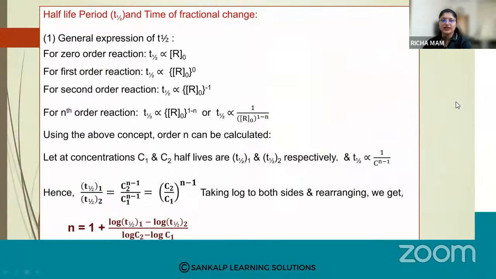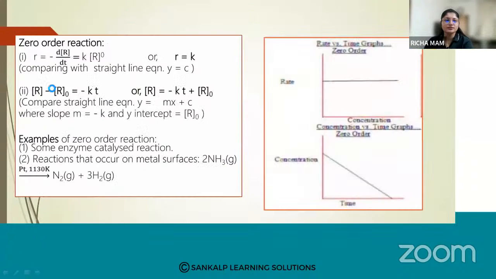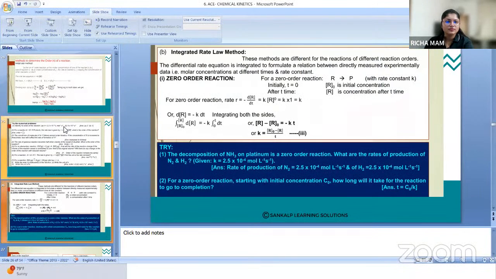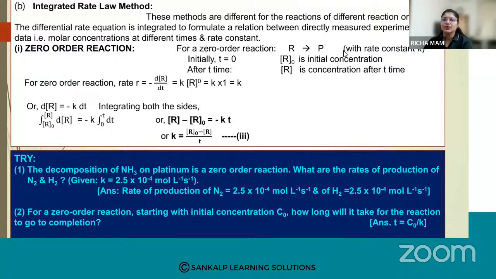So what is a zero order reaction? A zero order reaction is a reaction whose rate of reaction is proportional to the zero power of concentration of the reactant.